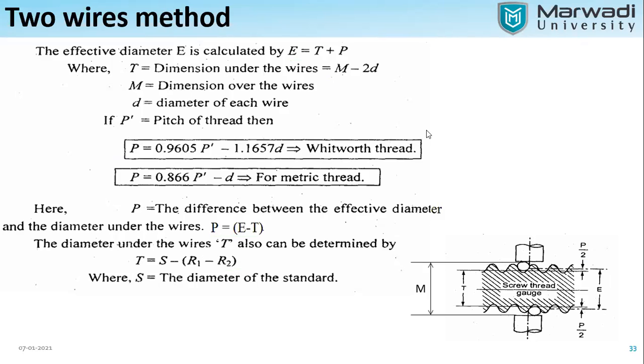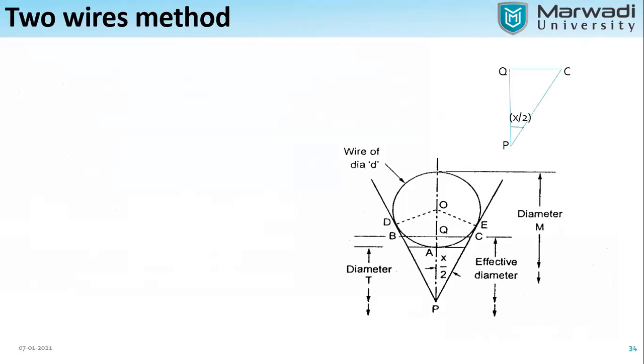Now we have to go through a process. Here we have considered one side, a single thread, in which the arrangement of the wire and everything will be solved. This circle is nothing but a wire which is intersecting the effective pitch circle line, and that is called the best wire size, which touches the flank on the pitch circle line.